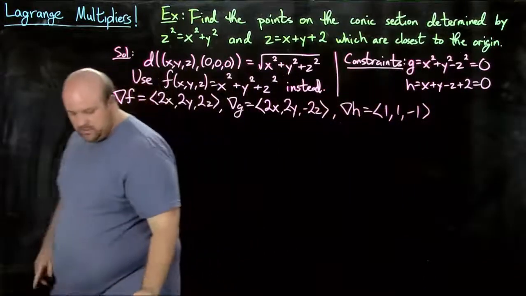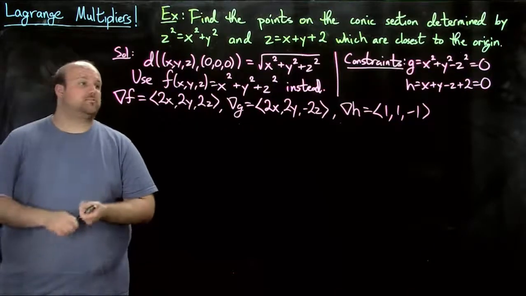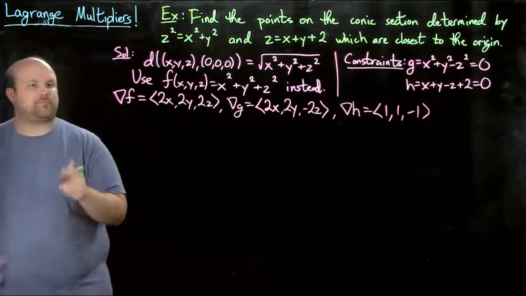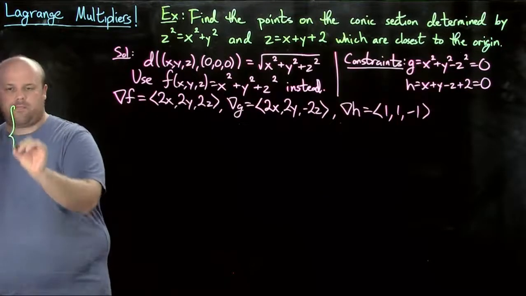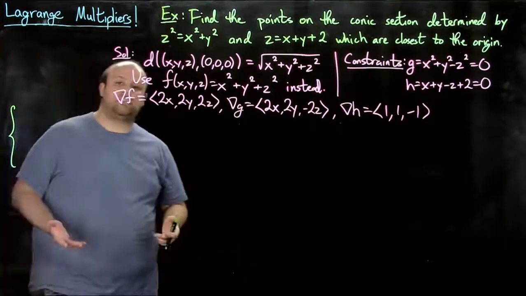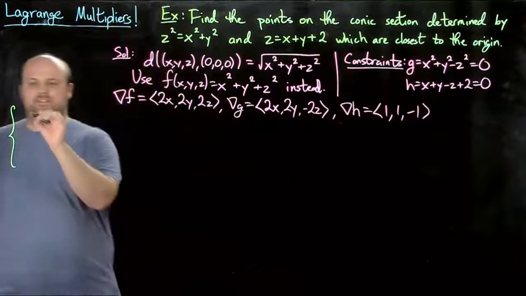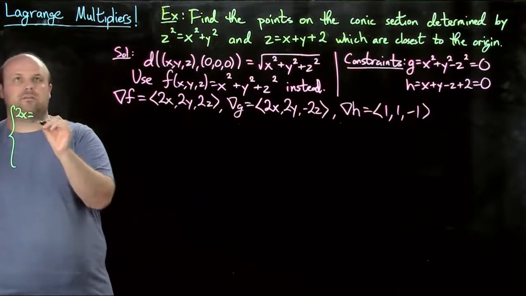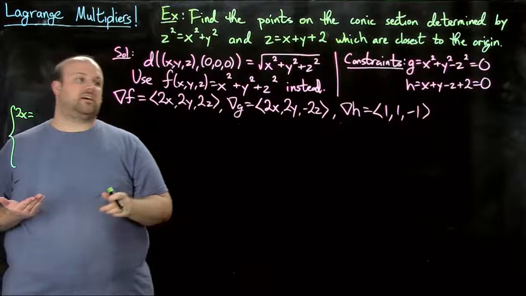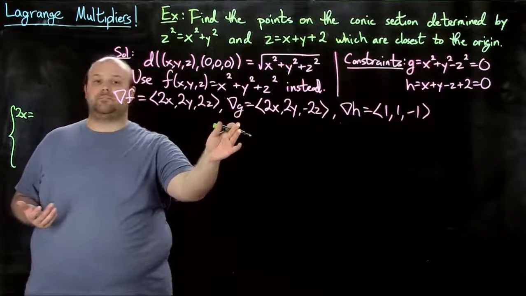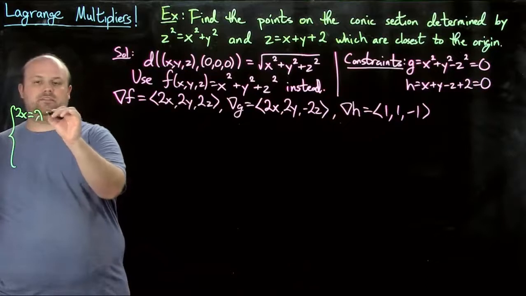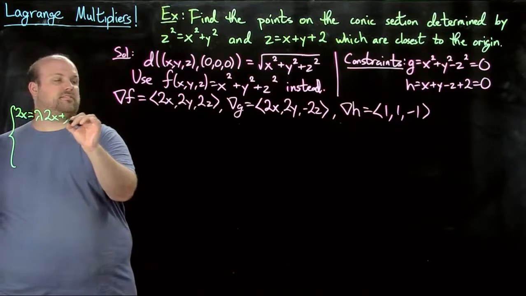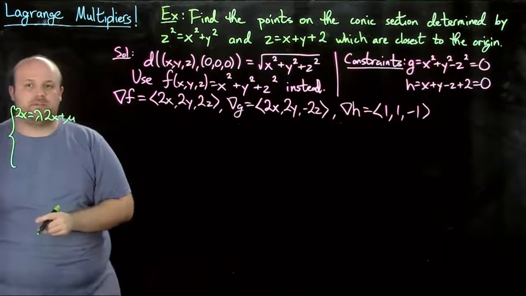All right. So now let's set up our Lagrange multiplier system. Here we compare the x components. Remember, the first part is gradient of f equals lambda gradient g plus mu gradient h. So we have 2x equals lambda times 2x plus mu times 1, so just mu.